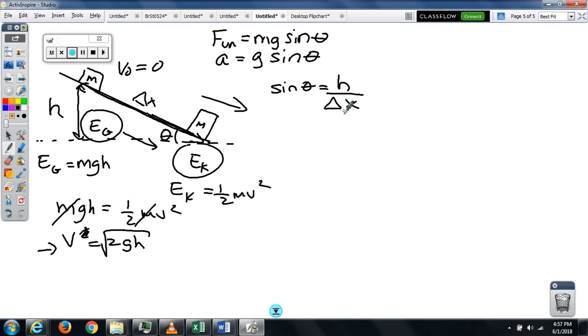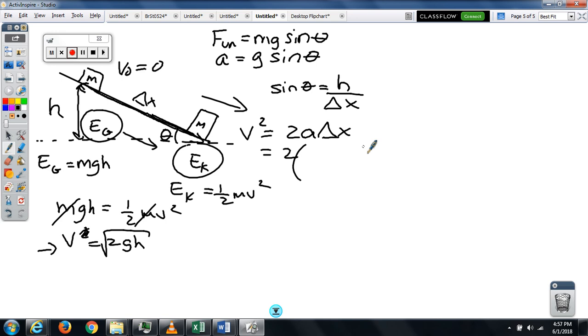But let's first figure out, we're going to use the equation that doesn't have t in it, so that's v squared equals v initial squared, which is 0, plus 2a delta x. But a is g sine theta, but sine theta is h over delta x.